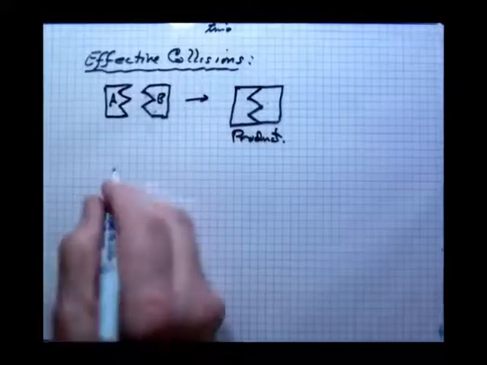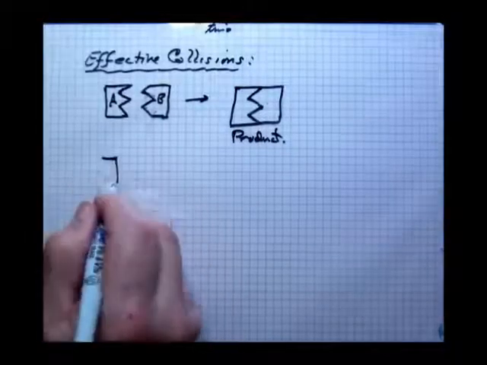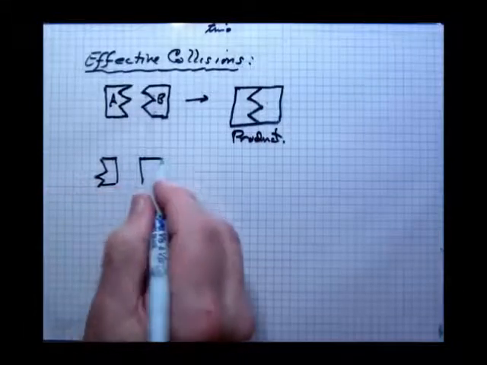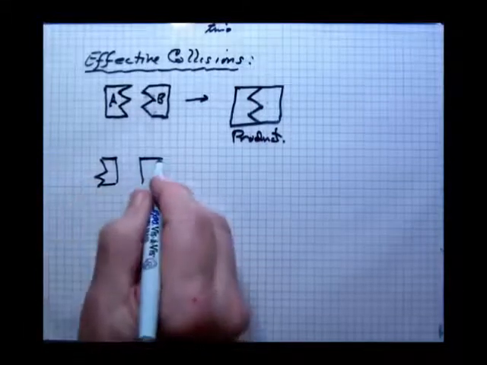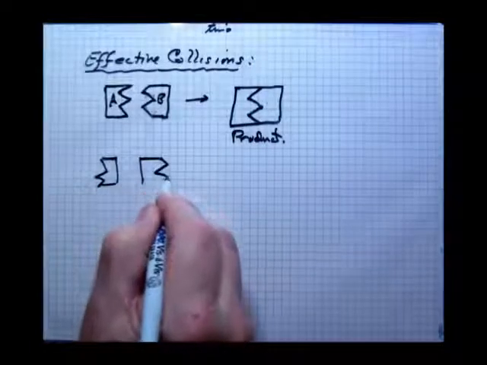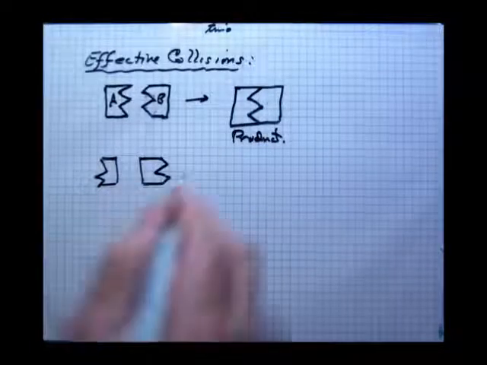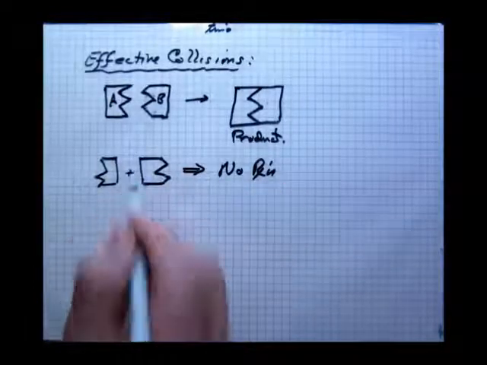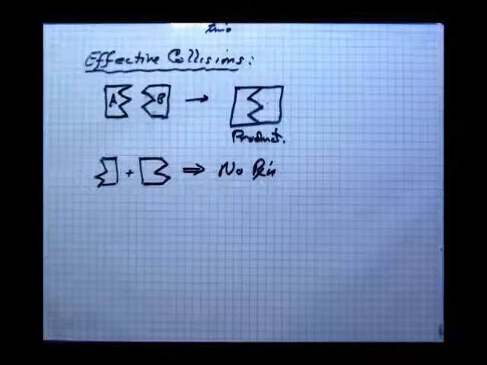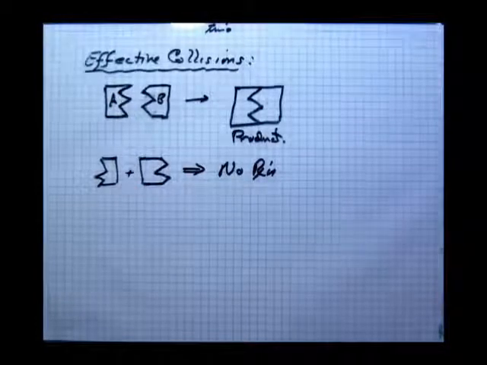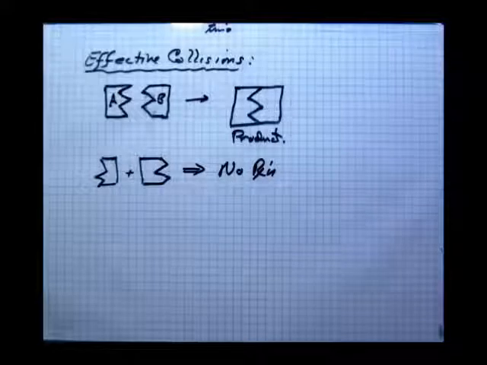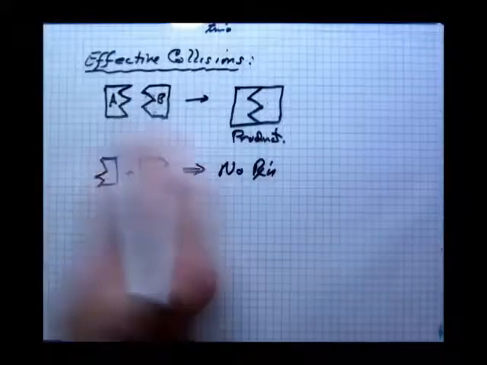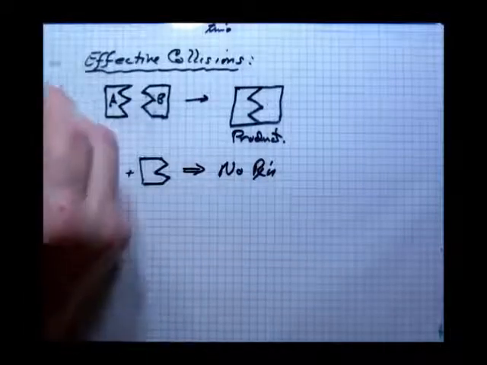If the components approach each other like this, or one approaches opposite like that, this produces no reaction. So molecules in a chemical reaction have a very specific orientation that they have to be in order to proceed to products. Okay, and that's the best example I can give you on that.